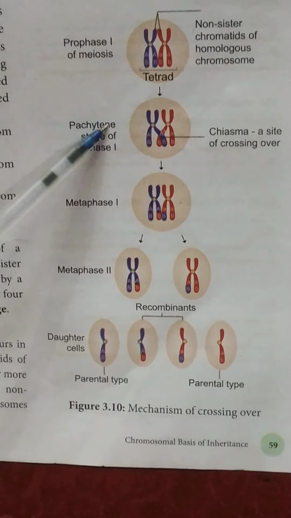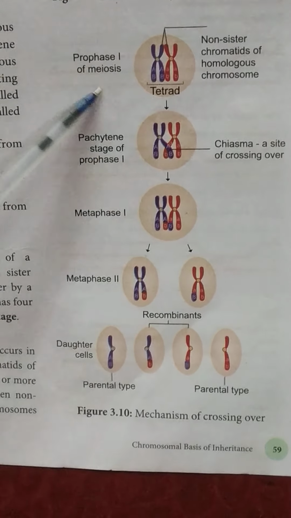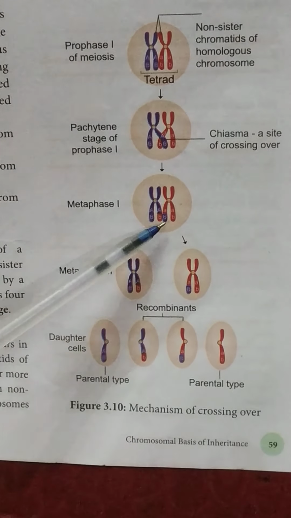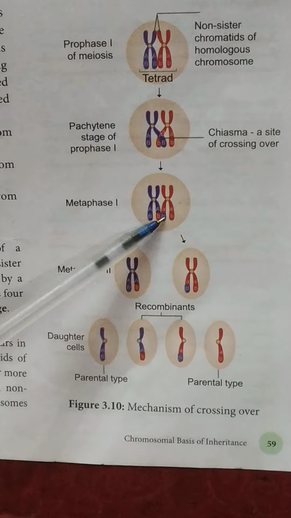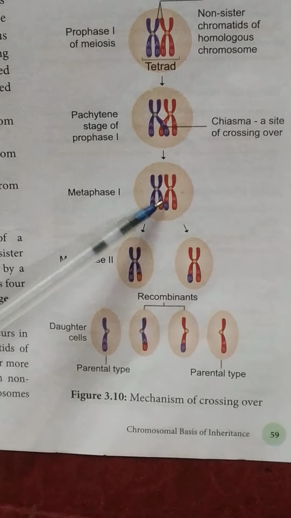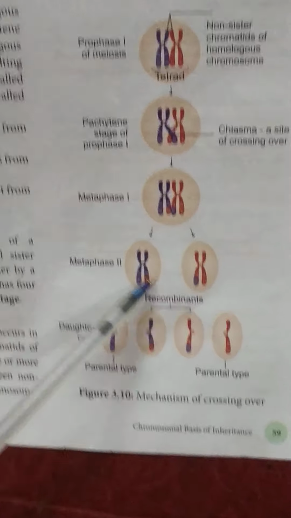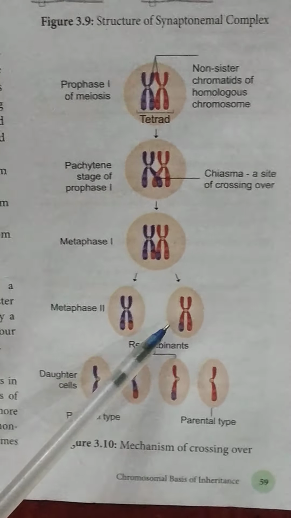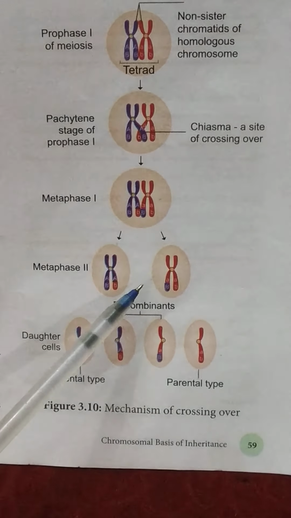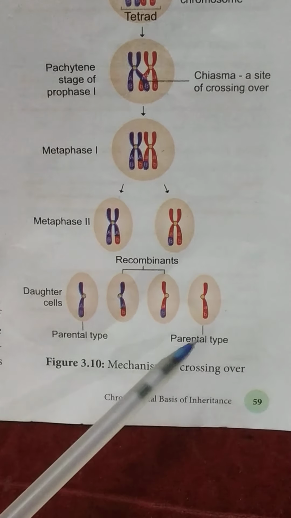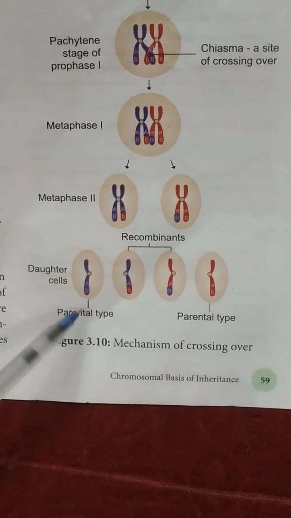So you can see in the picture, this is prophase, and then coming to the metaphase. In this picture also, you can see the chromosomal segments are exchanged, interchanged. It is clearly seen here with the color differentiation they have shown. And then the four daughter cells, how they are formed towards the end.